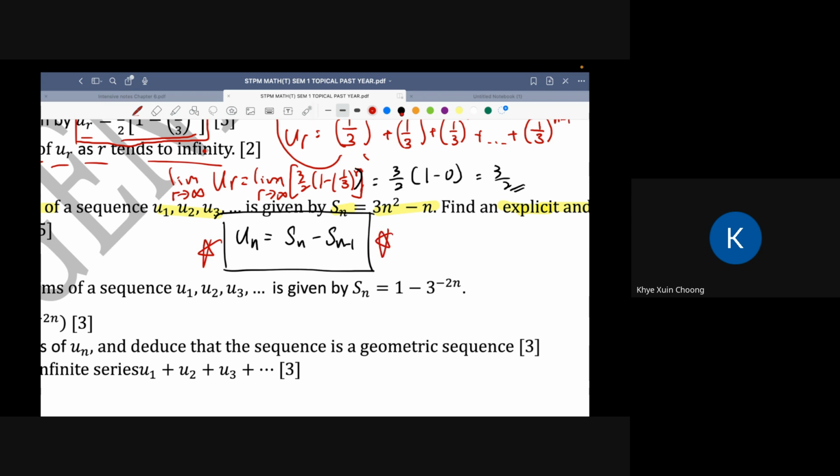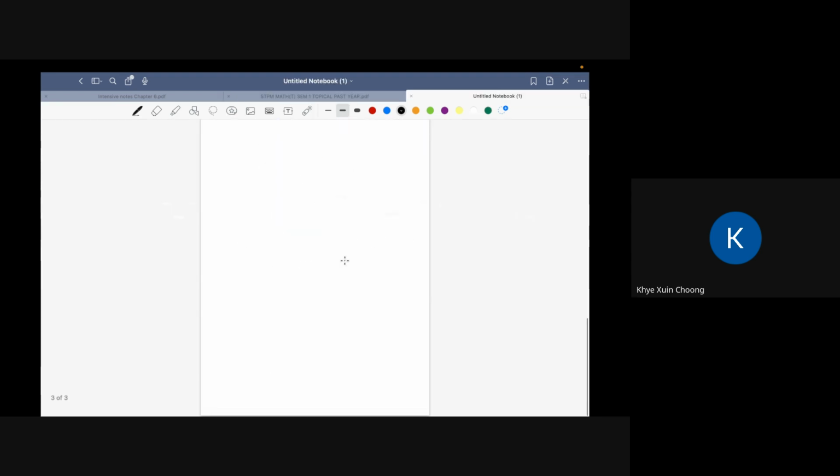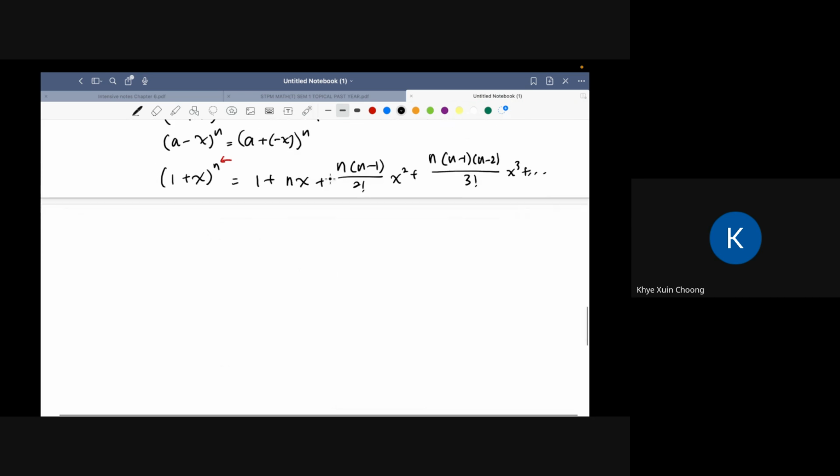How do we know this? If we have Sn, it means we add up U1 plus U2 plus U3 plus dot dot dot plus Un minus 2 plus Un minus 1 plus Un. This is Sn, the sum to the n term.